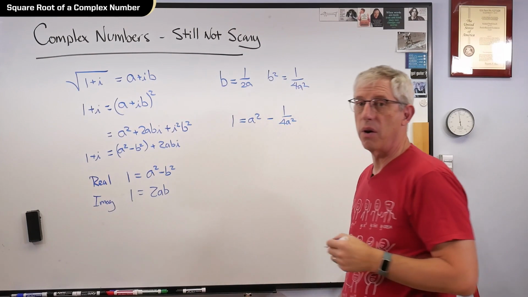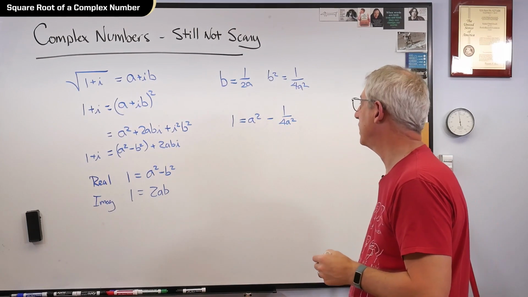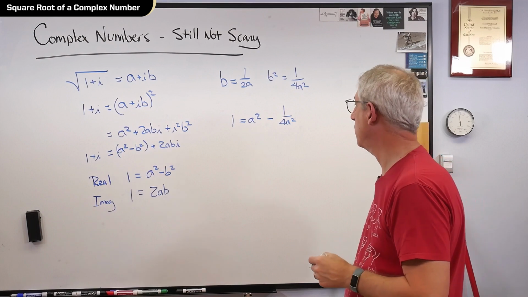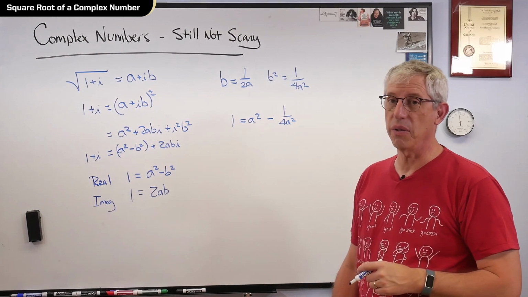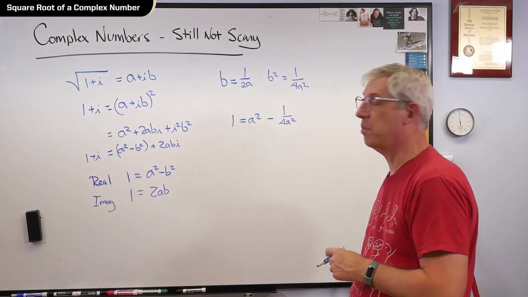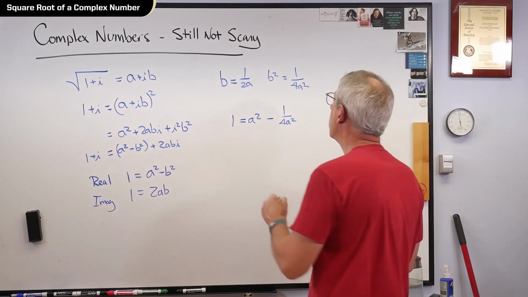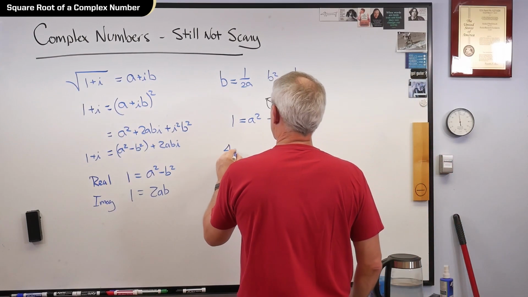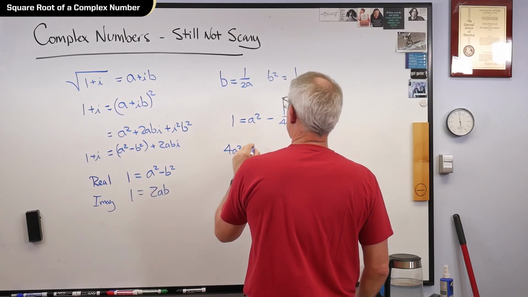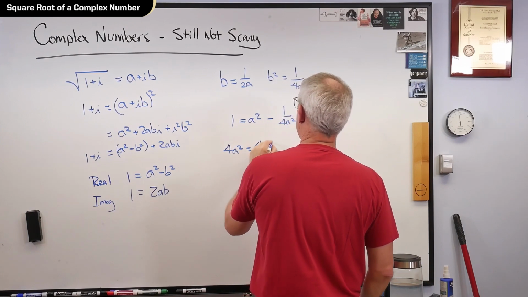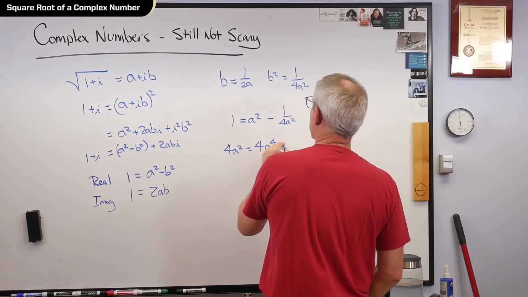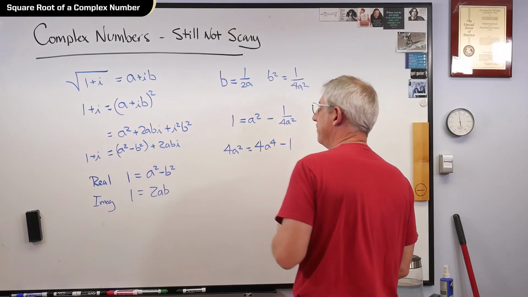All right, now we've got one equation and one unknown. Well, how are we going to solve this? I don't know any other way to do this but to multiply through by 4a squared. So I get 4a squared equals 4a to the 4th, oh, ick, minus 1.